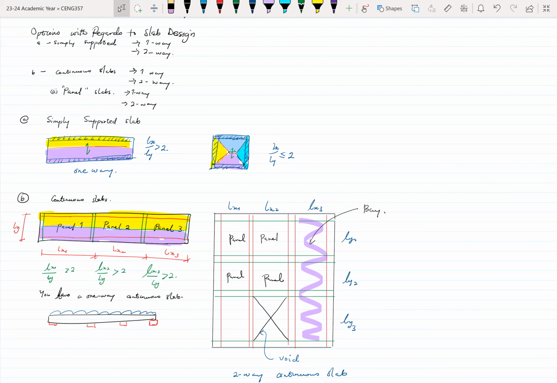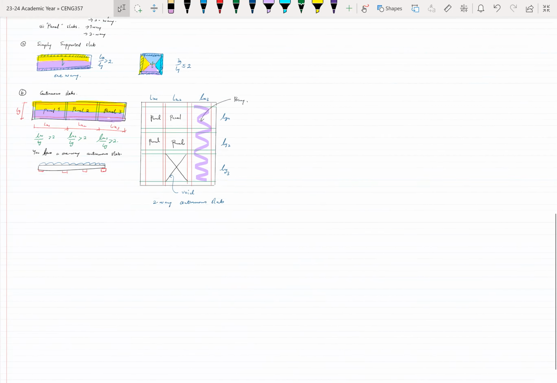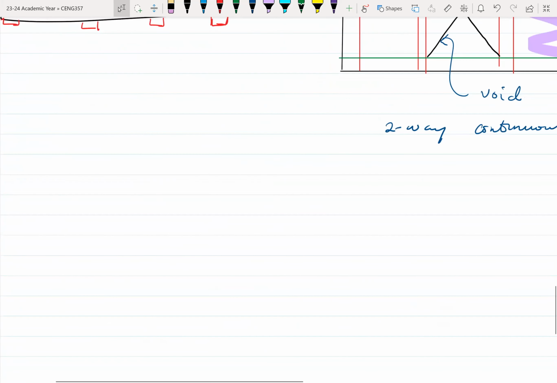But in terms of the design, finding your area of steel required and your shear if there's a need for one is largely the same. So the analysis, let me just put that into writing here.